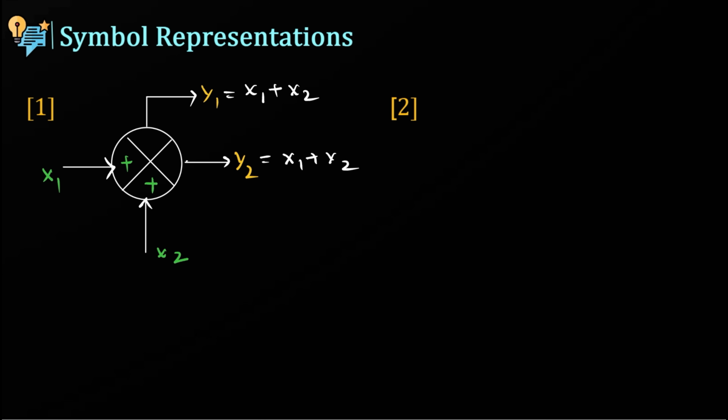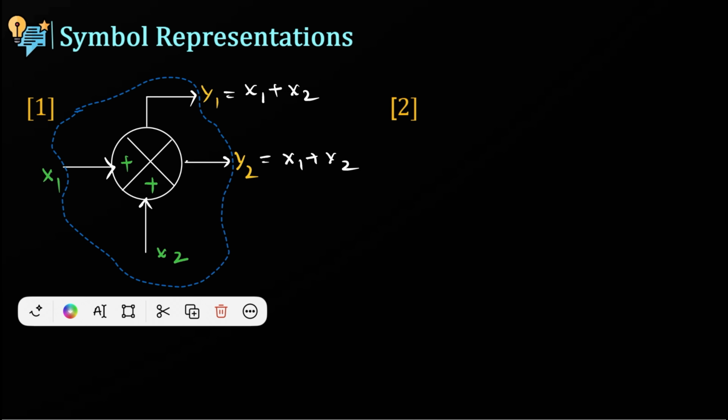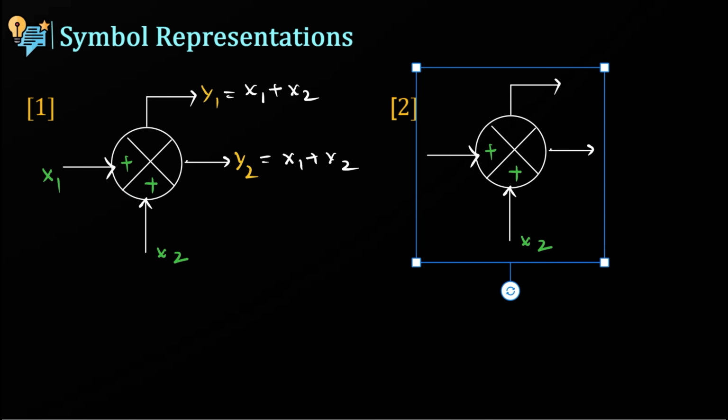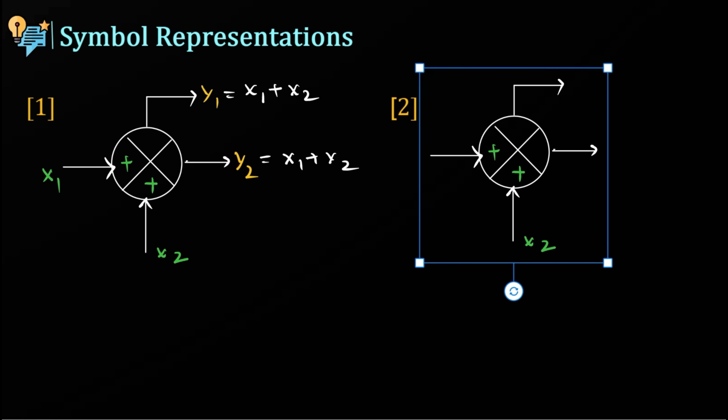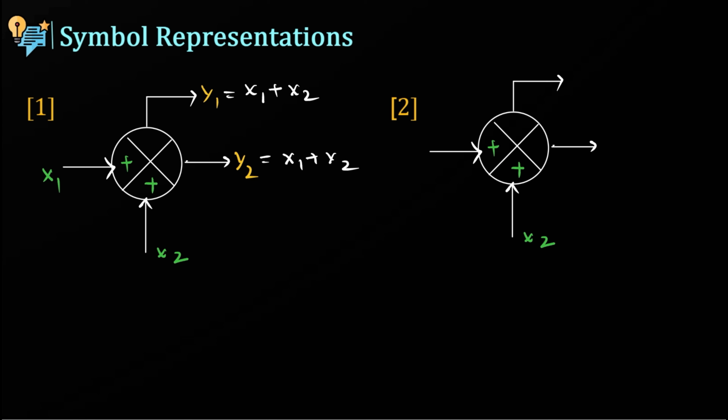Now similarly we'll have another representation of the summer block. Let us take three inputs: x1, x2 and x3.